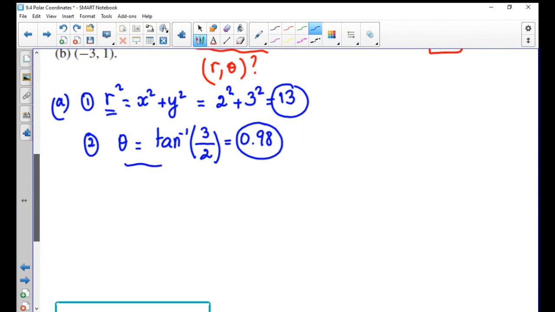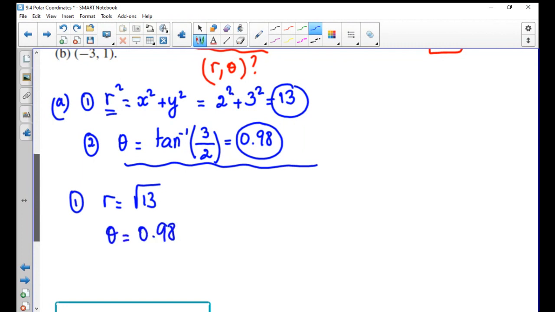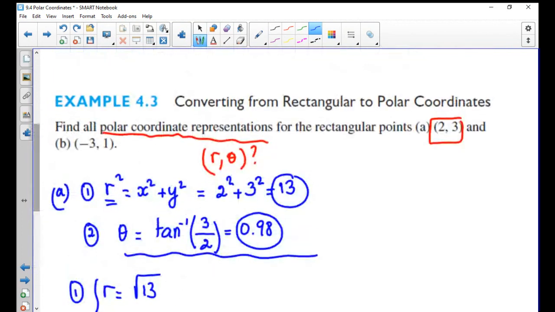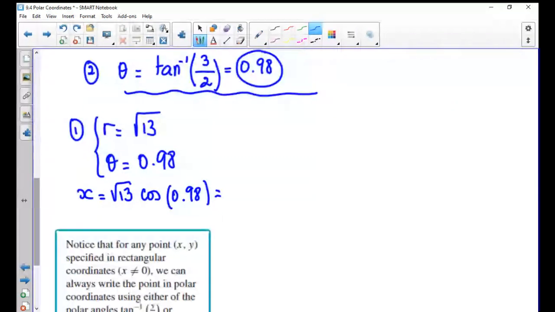Now, there are different possibilities. Number one, I can take r equals square root of 13, and theta will be 0.98. This is a polar representation. What can I do to check? I can write x will be square root of 13 cosine 0.98. This should give us something very close to 2.